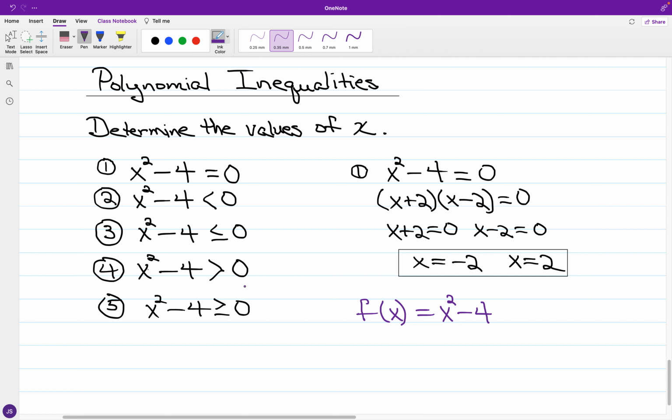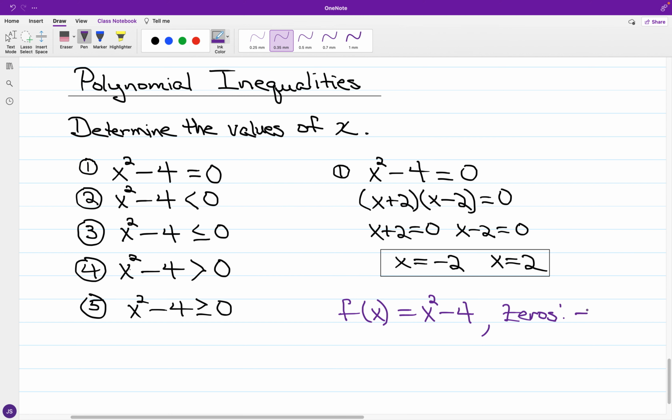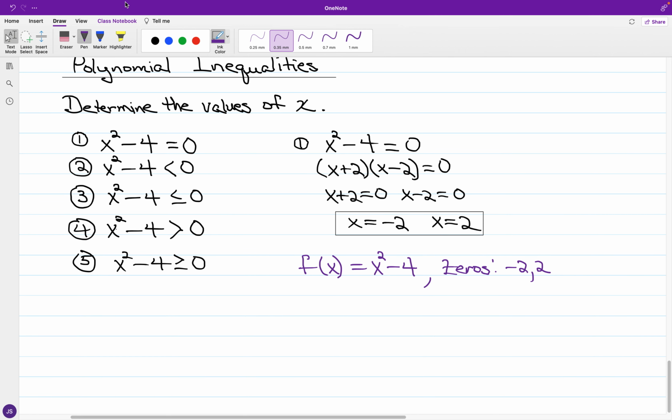And to solve for the inequalities, we can go ahead and work with the zeros. So with the zeros, again, we have solving x squared minus 4 is equal to 0, and so we had additive inverses, negative and positive 2. And just creating a backdrop to solving for these inequalities.